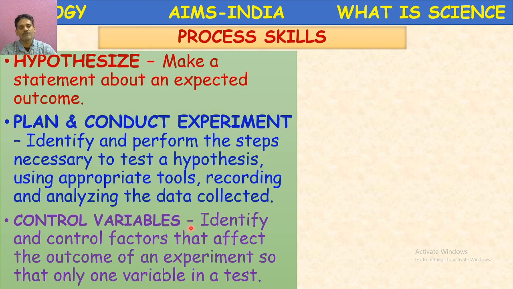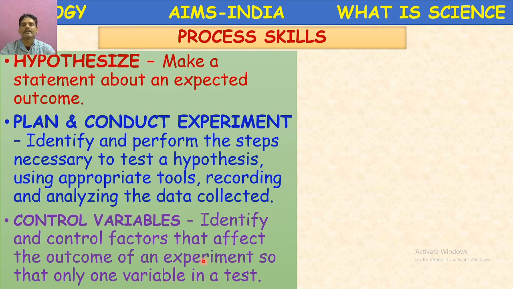Next, control variables. In any experiment, the variables are very, very important. These variables may be single or independent variables. Control variables means identify and control factors that affect the outcome of an experiment so that there is only one variable in a test.